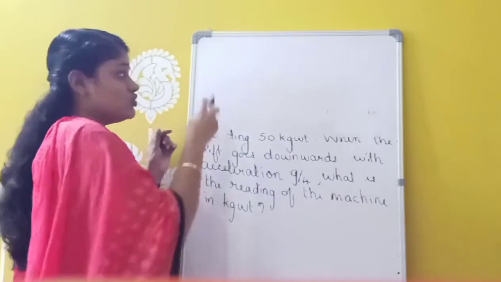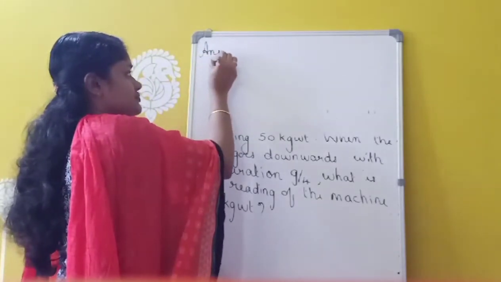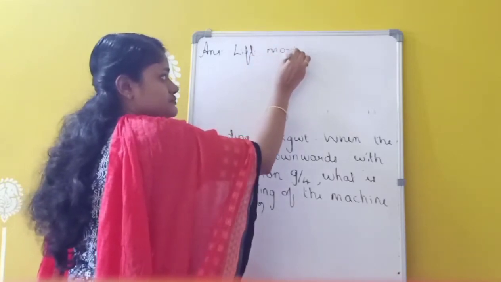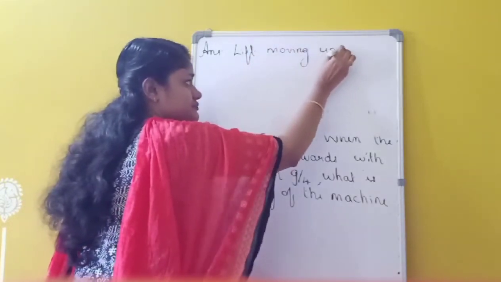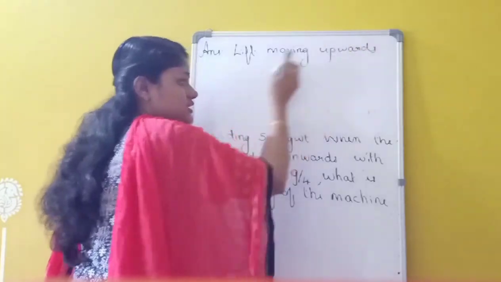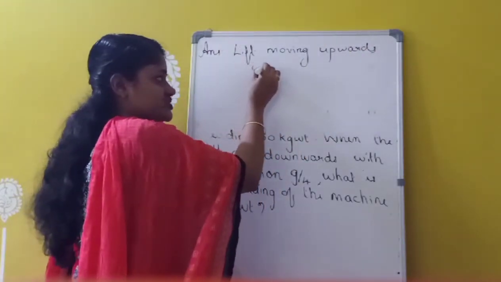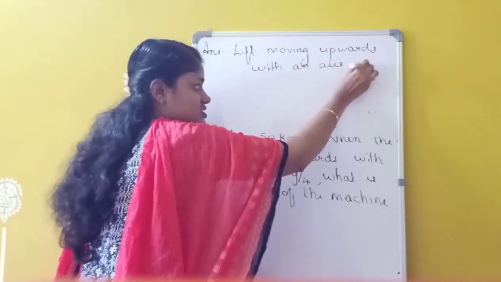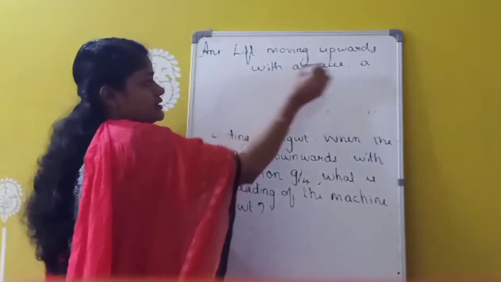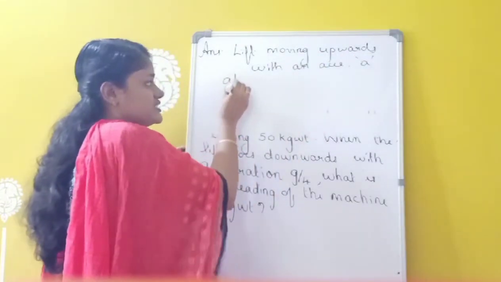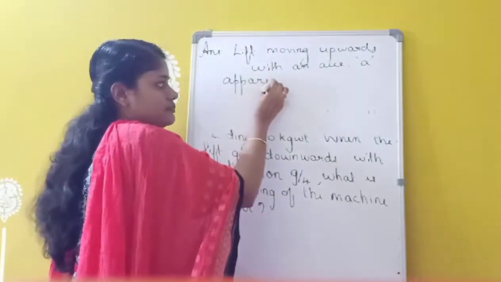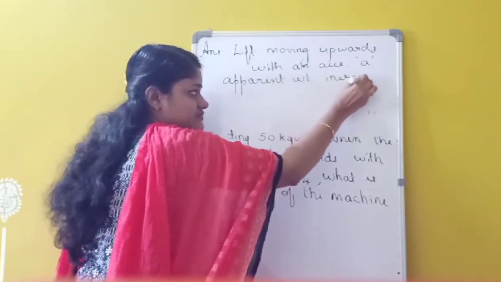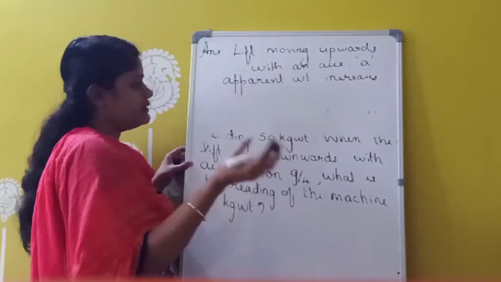When the lift is moving upwards with an acceleration a, what will happen to the apparent weight? Apparent weight will increase. That means the weight of the boy will be increased.